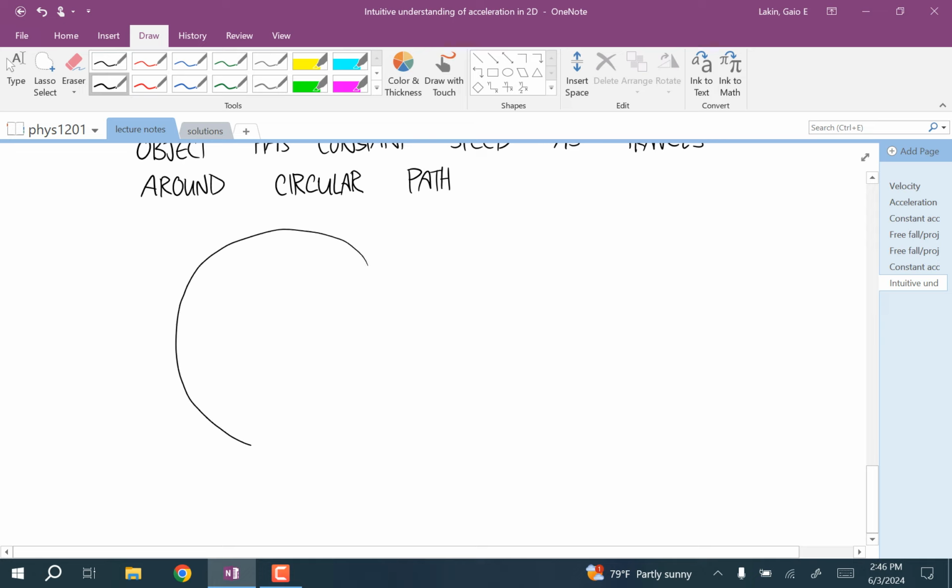Okay, well, let's say that this is the path of the object, and let's say we're thinking about the acceleration of the object right there. And let's say that it's going around this way. The velocity vector is tangent to the path in the direction of motion, so there's the velocity vector.